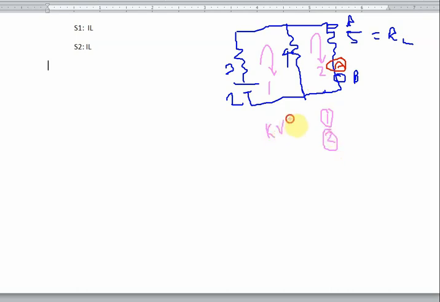From the two equations you find I1 and I2. So I2 is equal to IL. Answer is over.